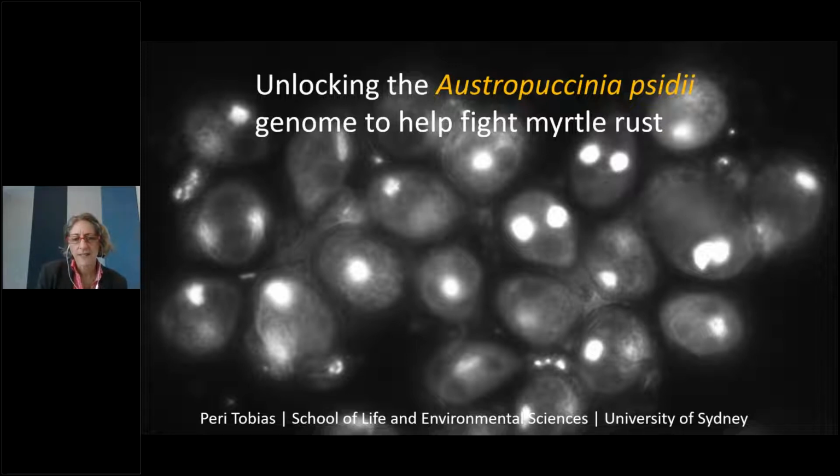This picture here is of some spores with the nuclei fluoresced with propidium iodide. You can see that it has a dikaryotic nucleus within a single spore, which is the state of this rust fungus.